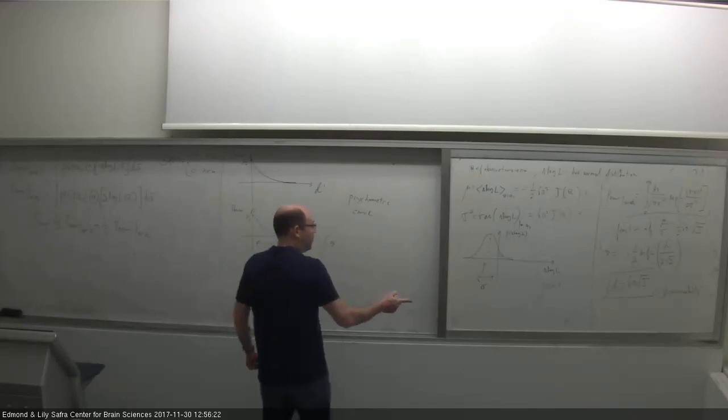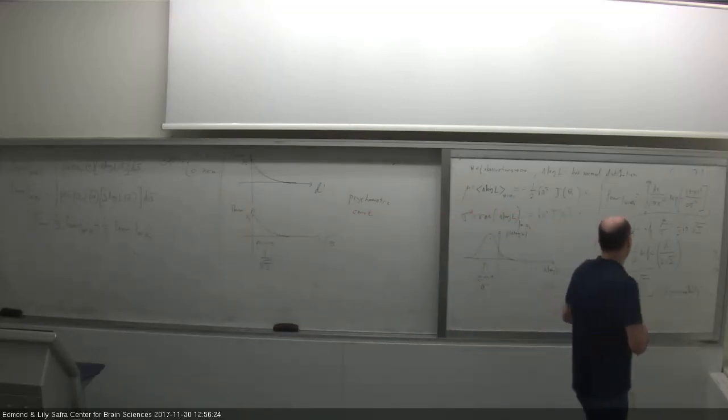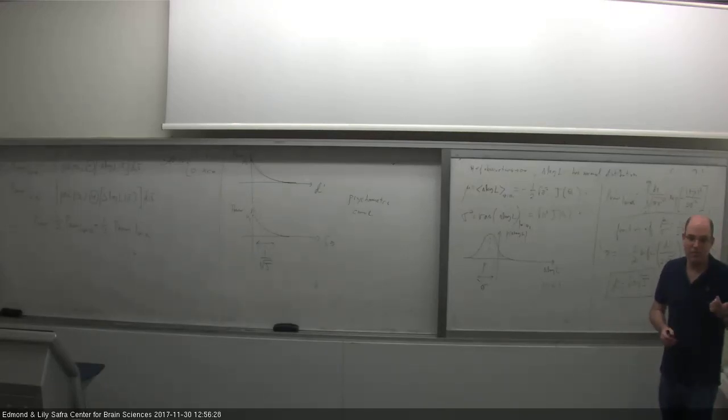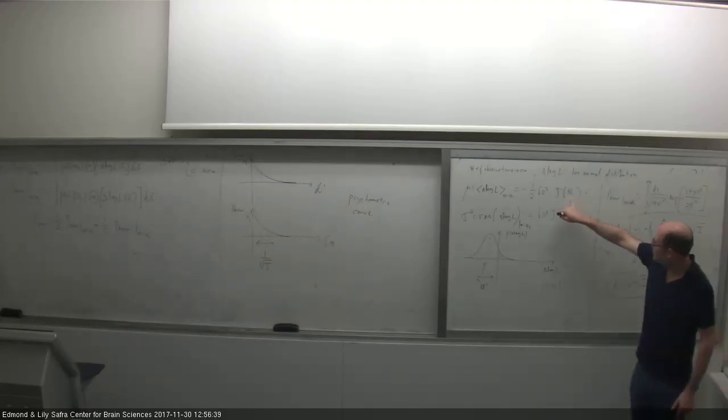We calculated here the probability of error given theta 1, that the stimulus is theta 1. What would be the probability of error if the stimulus is theta 2? The same. In principle, you see here that we have J evaluated at theta 1.